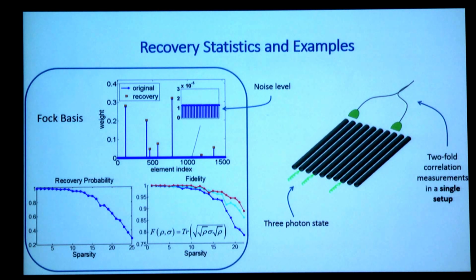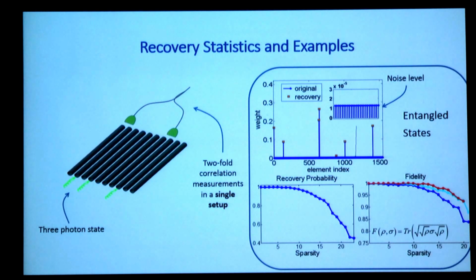Here, the recovery probability is defined as the fraction of successful reconstructions, where successful means fidelity over 0.9. So once again, as the number of non-zero elements increases, the recovery probability decreases.